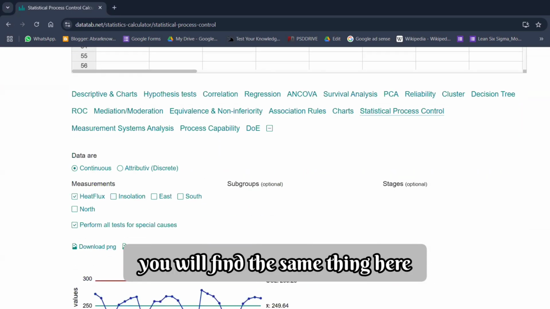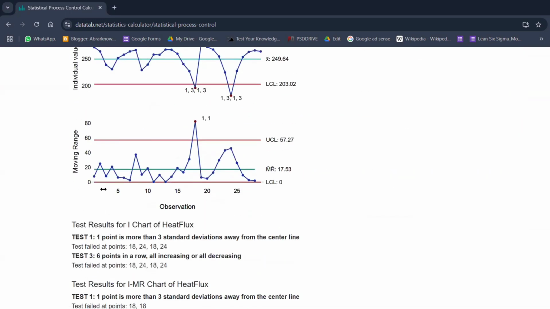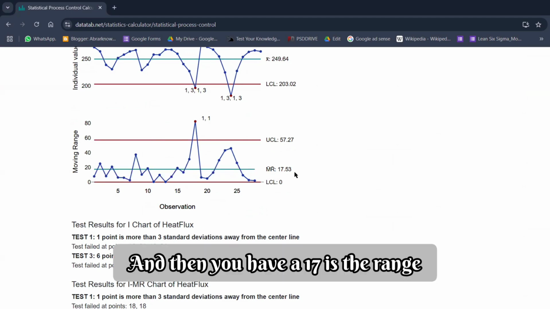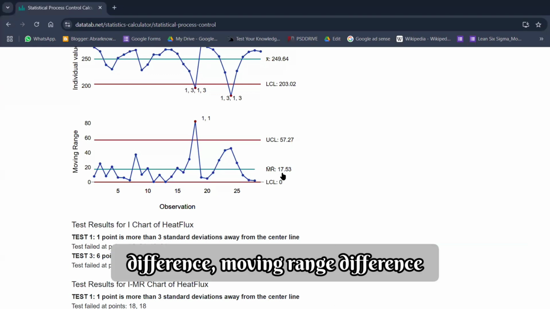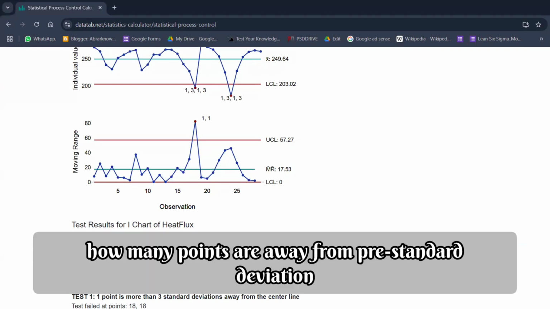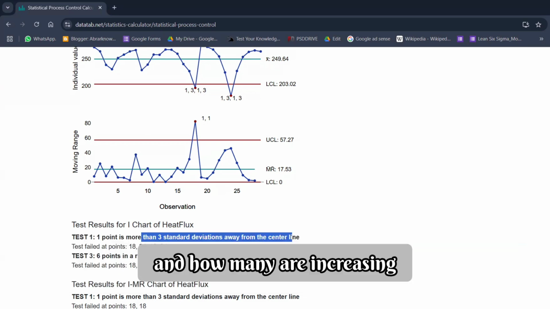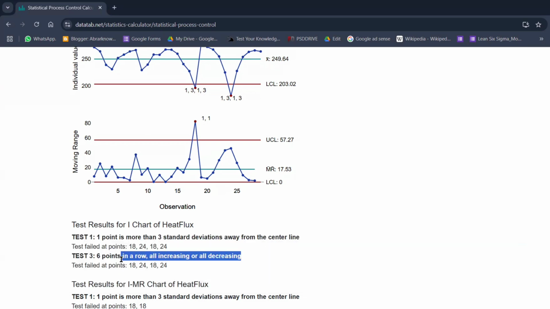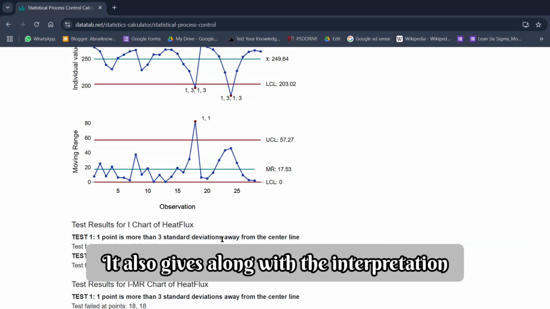You will find the same thing here. And then you have 17 as the moving range difference, and it also gives how many points are away from 3 standard deviations and how many are in an increasing or decreasing trend. It also gives the interpretation.